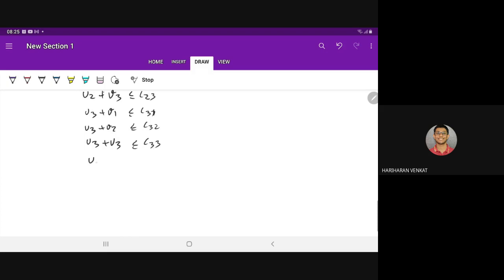And here ui and vj are unrestricted in sign. So that is the dual of the given linear program.